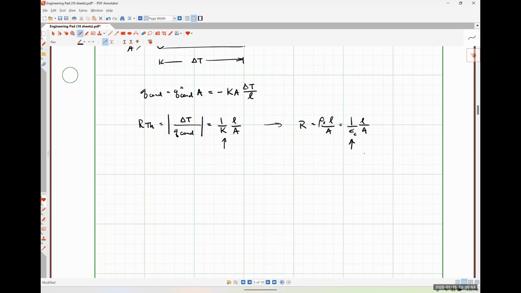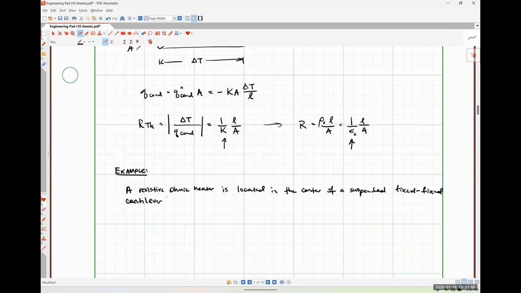So let's work an example here. Let's say that we have a resistive ohmic heater located in the center of a suspended fixed cantilever beam.